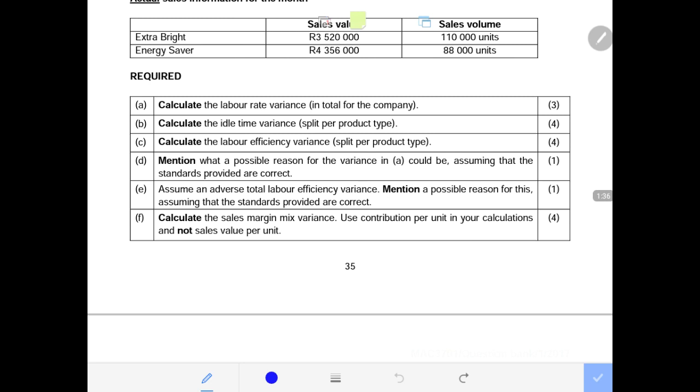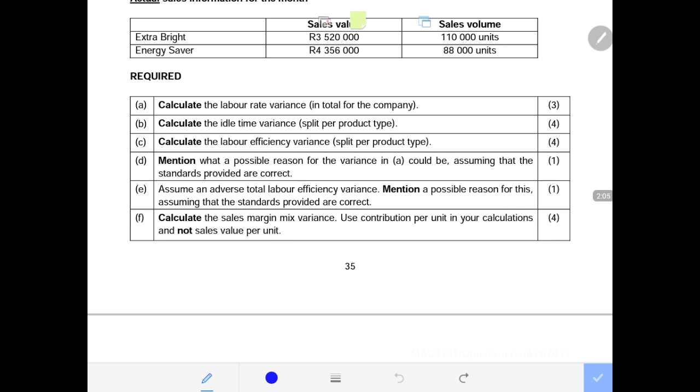So now we have to explain the possible reason for the above variance. Just one theory mark. Assume an adverse total labor efficiency variance. Mention possible reasons for this, assuming that the standards provided are correct. So that's another 1 mark of theory. I will just paraphrase that, but not spend time on the 1 mark theory.